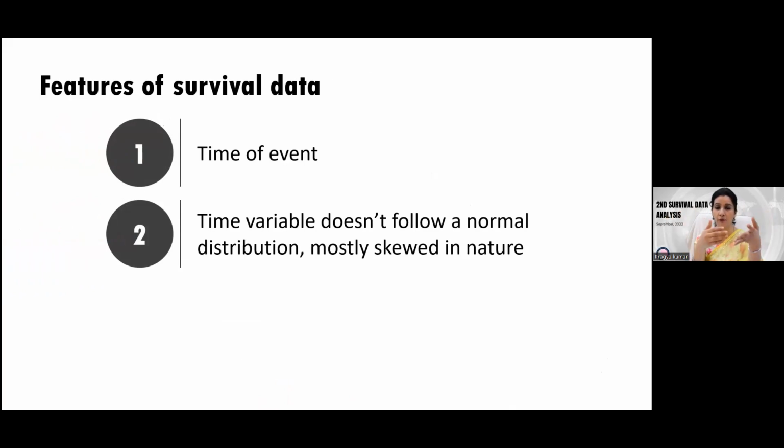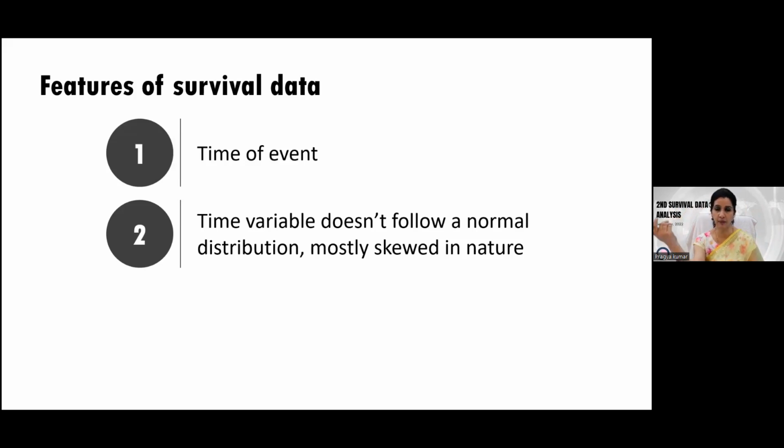It may go from 0 to 365 days depending on the total study duration. That's why we say that it is usually skewed in nature. And that's why the Kaplan-Meier method, or even Cox regression, are not fully parametric, they are semi-parametric.